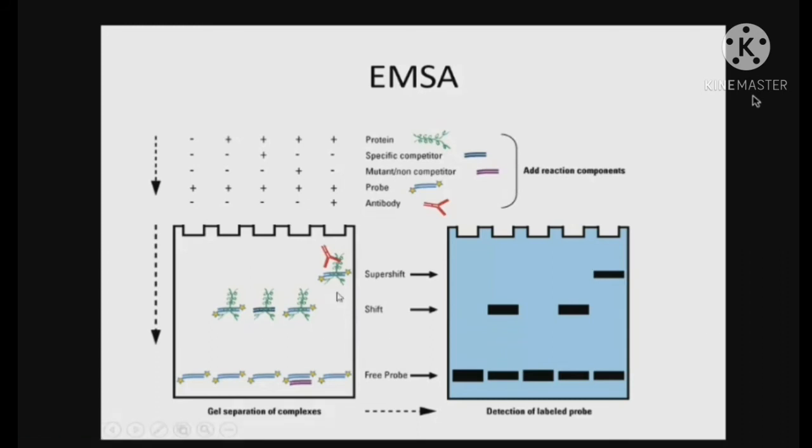Here in this fourth well, since the competitor is mutant, it cannot compete because the binding of the protein is very specific. That's why it again shows upward, because this competitor is not able to bind with the protein due to mutation or non-specificity. So you can see the shifting again.